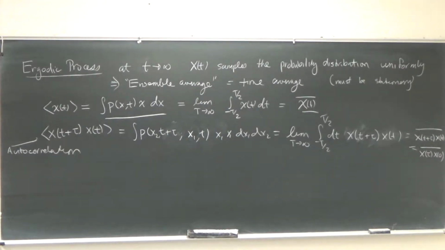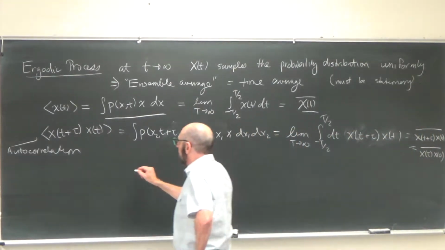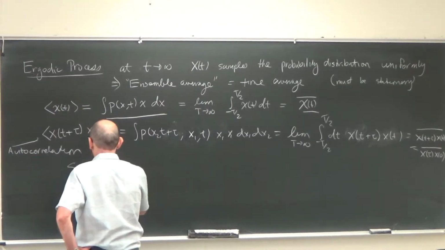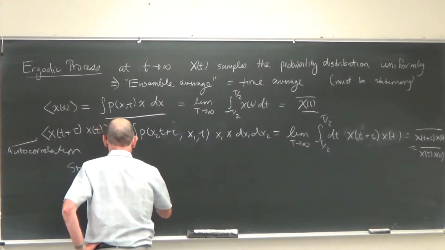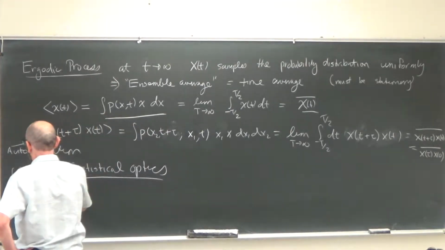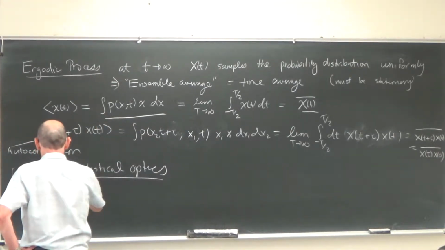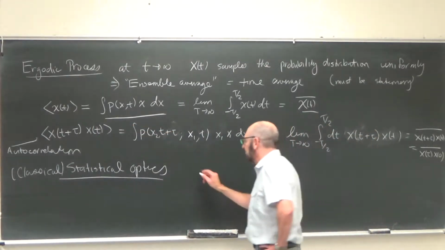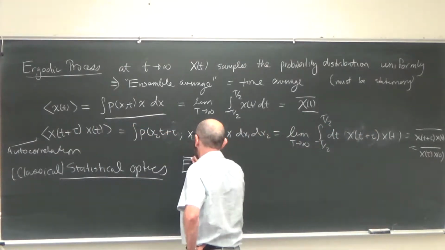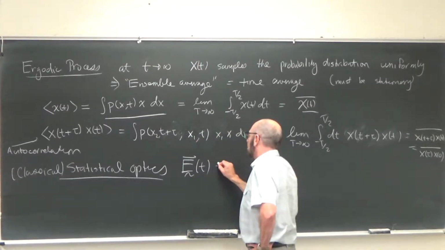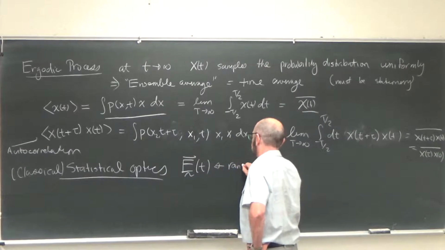And here's an example. In classical statistical optics, I can think about the complex amplitude of the electric field at some position as a random process.